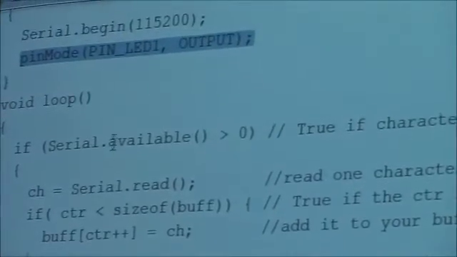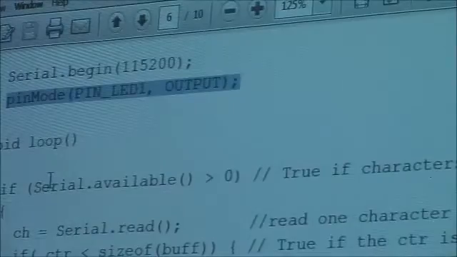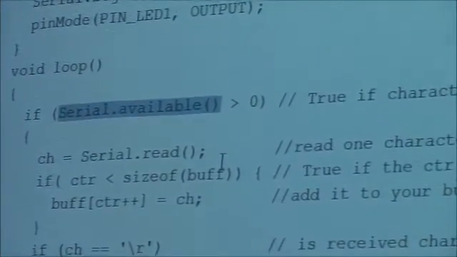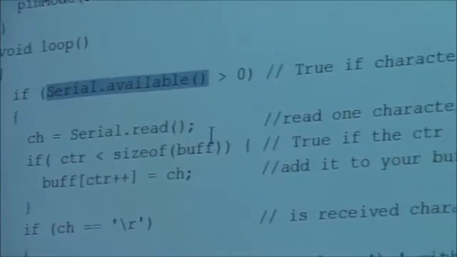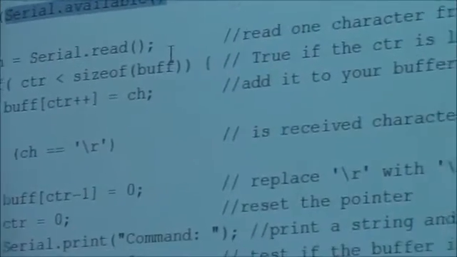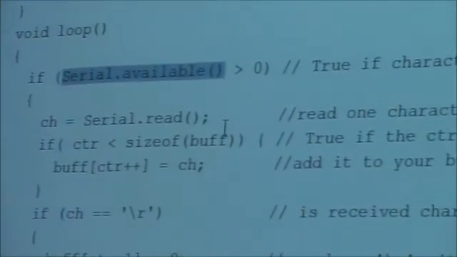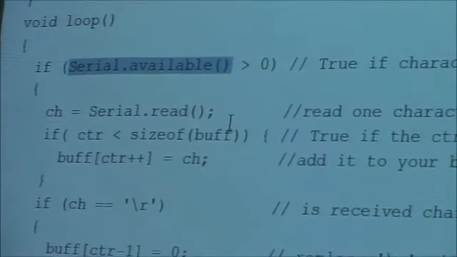Okay, so the meat of the program is in the loop, and we talked about last time serial.available and how it works. So if there is a character available that has come from the PC to the Fubarino board, this will return a value other than 0.